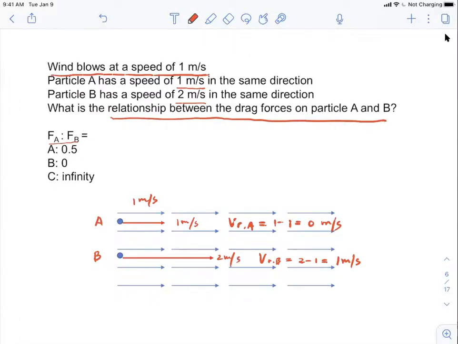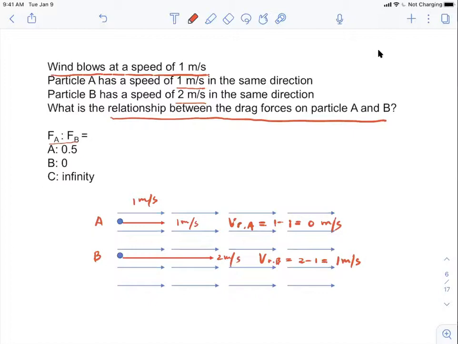Five more seconds. Okay, we'll stop here. Yeah, it seems that this time you all understand this concept, okay?